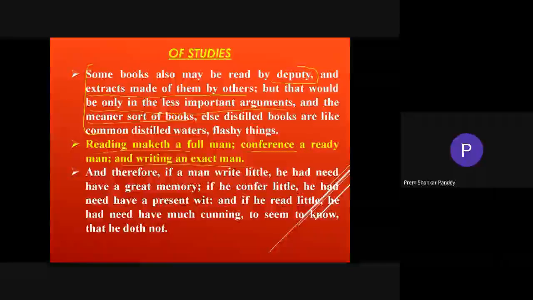So conference indicates coming out of isolation. Conference indicates the world. When we see the world, it makes a ready man. And when we write things after studying, that makes an exact man.